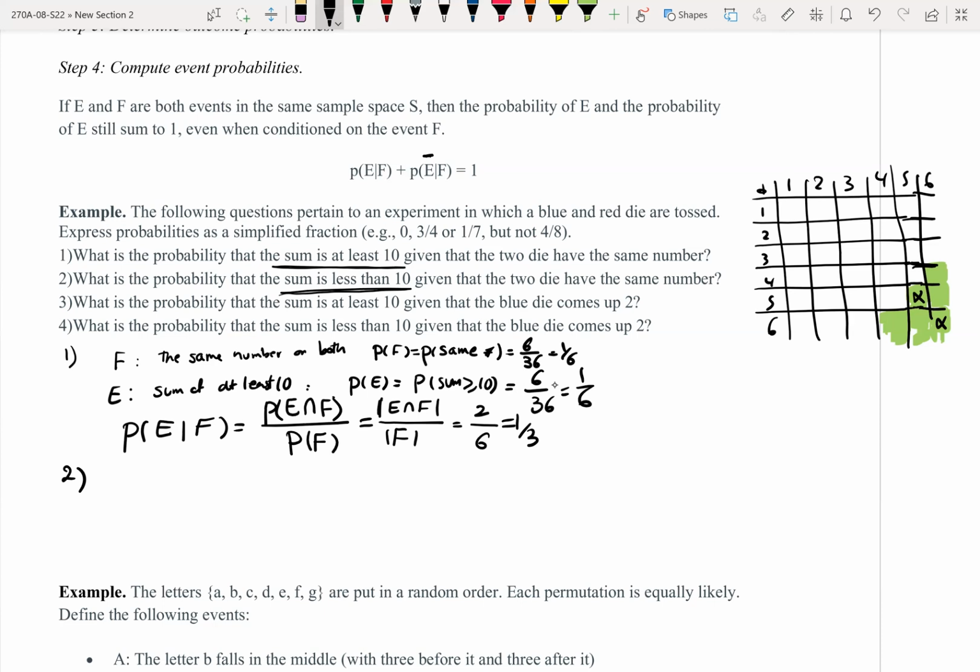According to the rule on top, if you already know the probability of E given F and you're looking for E bar given F, you have to say 1 minus the probability of E given F. So this part is the complement of the previous part, so it's 2/3.